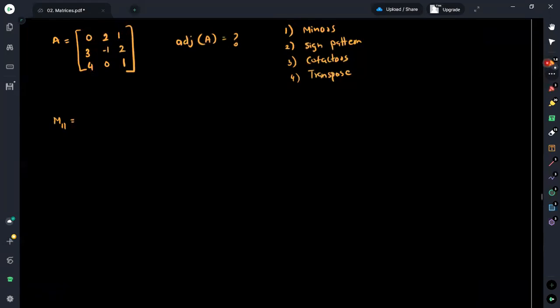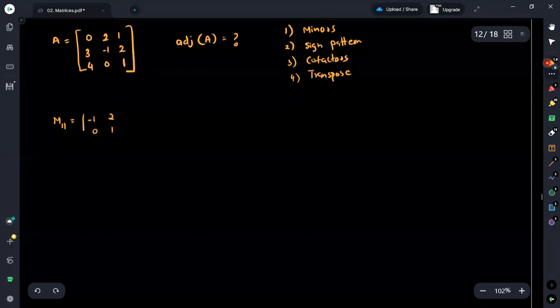Therefore, we take the determinant of the remaining elements. If you perform the calculation, it is minus 1 times 1 minus 2 times 0, which gives the value as minus 1.